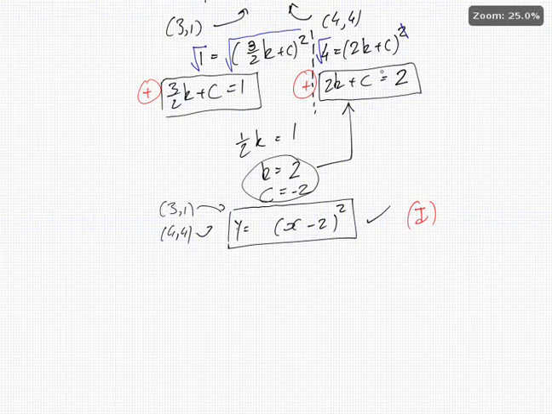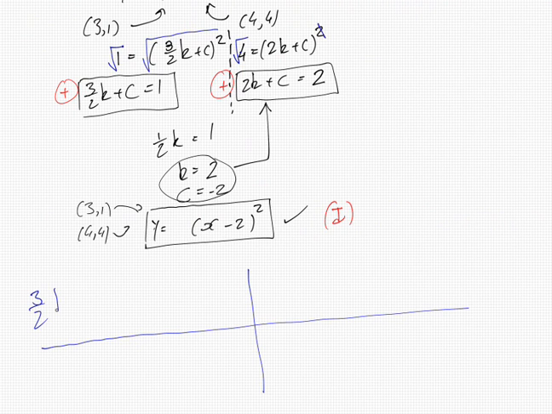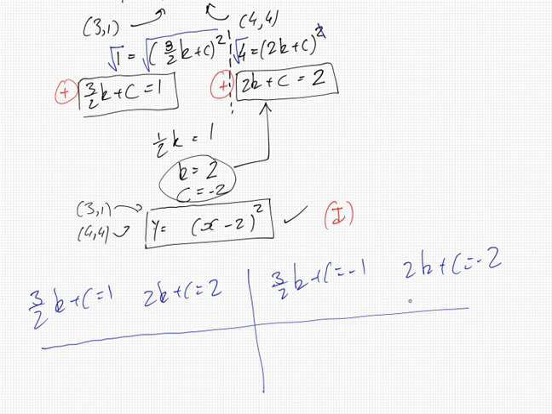So in fact, if I just put on the side here, you have 4 possible problems. The first one I did for you, 3 over 2k plus c equals 1, and 2k plus c equals 2. Or you could have 3 over 2k plus c equals minus 1, and 2k plus c equals minus 2.